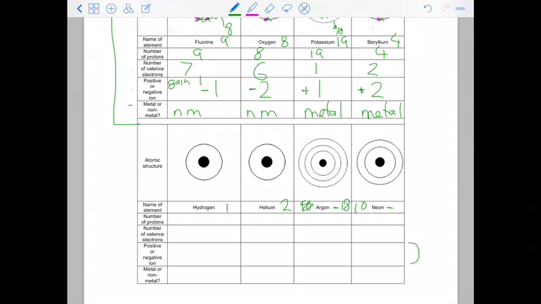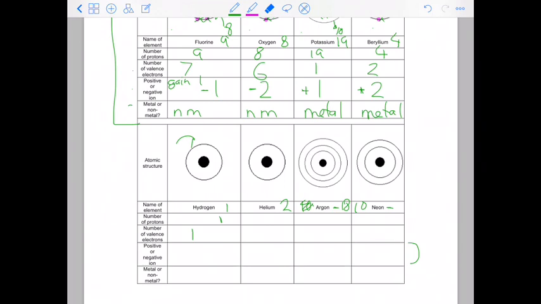So hydrogen has 1 proton, which means it has 1 electron in its outer shell. So it has 1 valence electron. Is it a positive or a negative ion? You could have said either, because it can either gain 1 electron to have a full outer shell, or it could lose its electron and still have a stable shell.